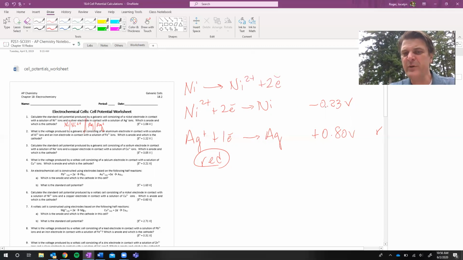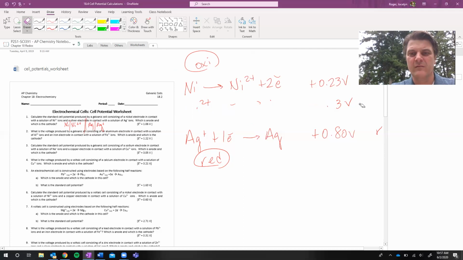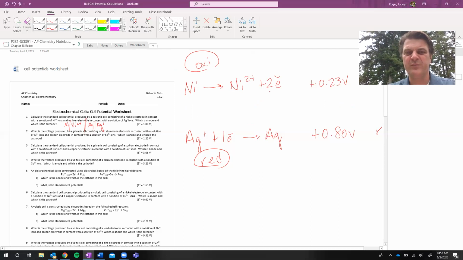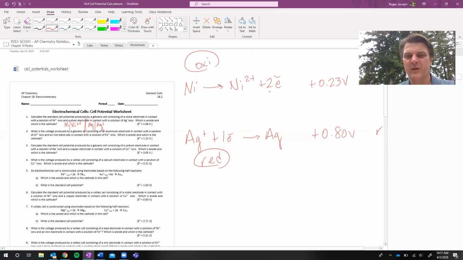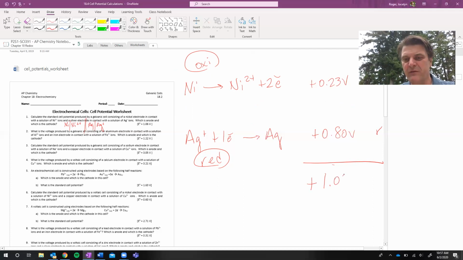And this negative 0.23 is going to become positive 0.23. So now we have the oxidation, and we have the reduction. The voltage is just the sum of the two. So positive 1.05 volts is going to be the voltage.